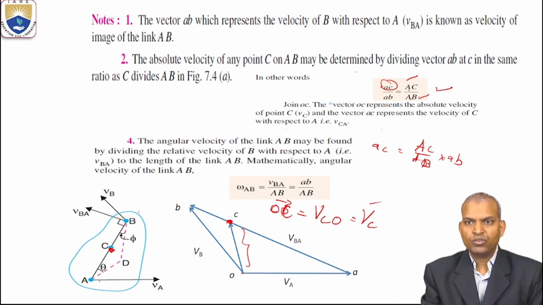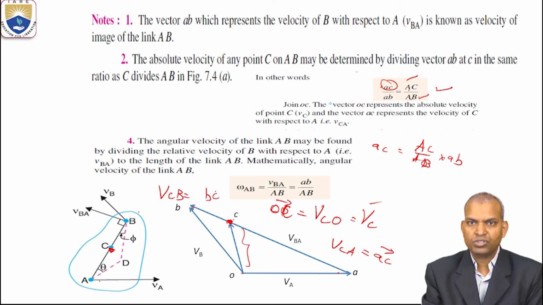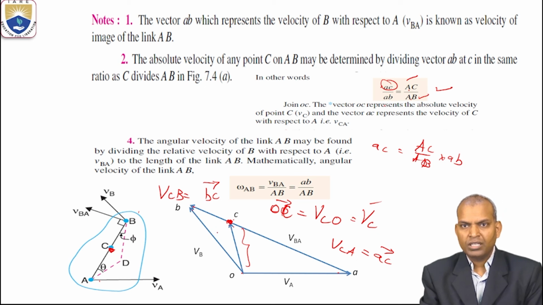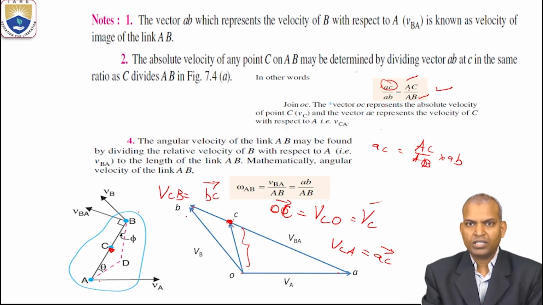Thus we will find out VC. Now if you want to find the velocity of C with respect to A, you measure VCA, the distance from A to C. If you want the velocity of C with respect to B, you measure the distance from B to C. Thus you will find the velocities you want.